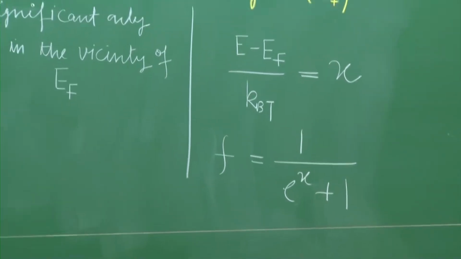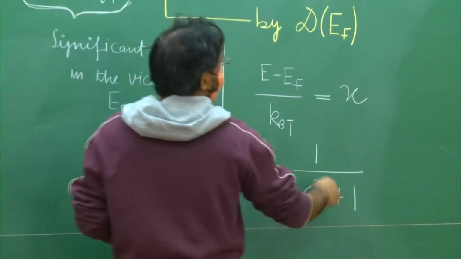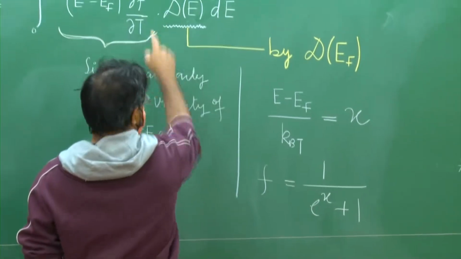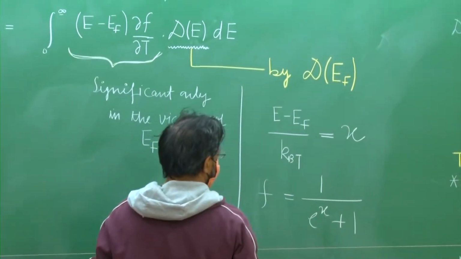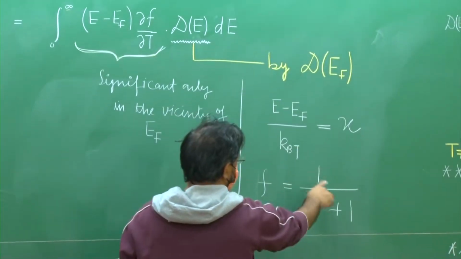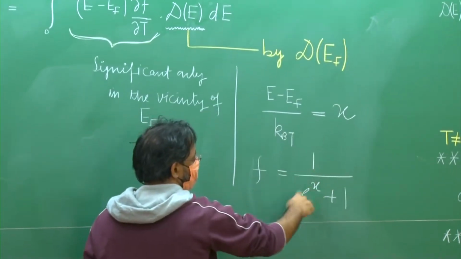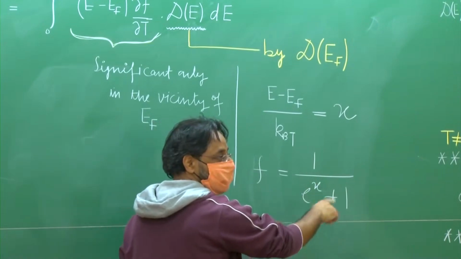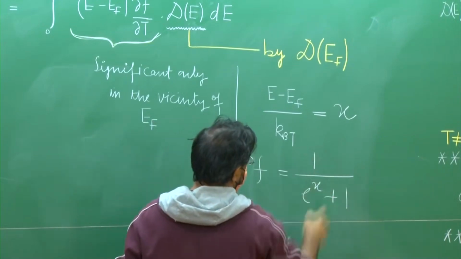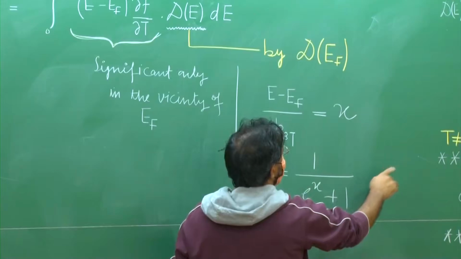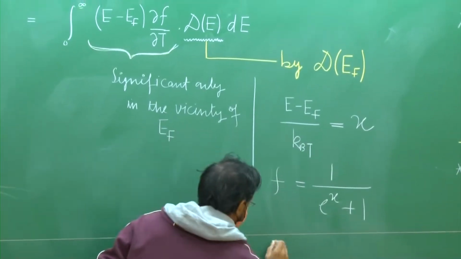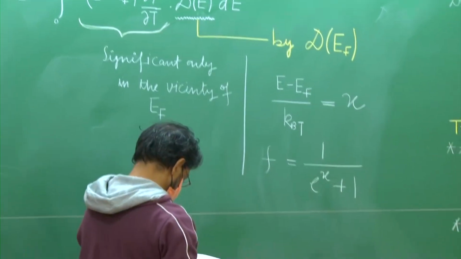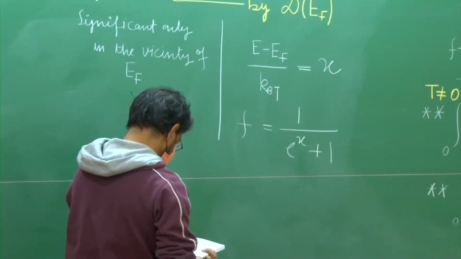And now you can differentiate this, because you need del f del t. So, you can differentiate it with respect to temperature. So, you will get minus 1 by e to the power x plus 1 whole square, and then you differentiate that. So, you will get e to the power x, then del x del t, and since you know x, you can get del x del t. If you do it all, let me just write down the final result.